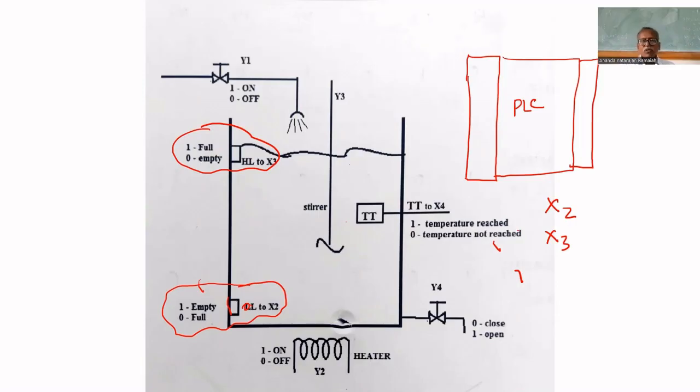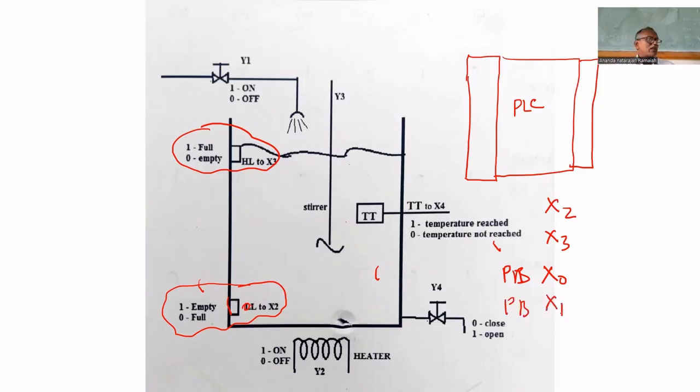One more input we are going to use to turn on this batch process: a push button connected to X0. Another push button, X1, turns off the batch process.